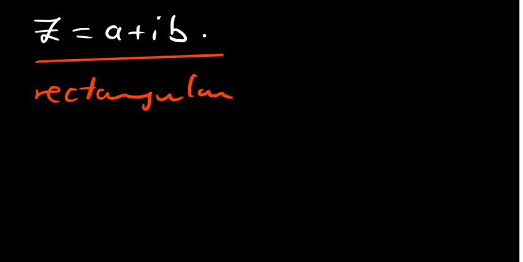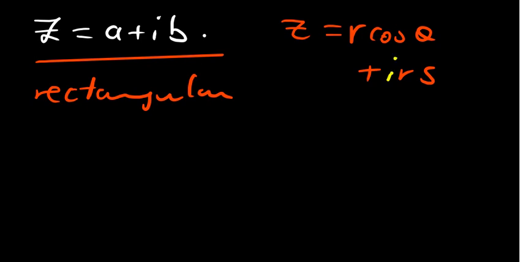How do you express this in the form where z is equal to r cos theta plus i r sine theta? That is the other form of a complex number, called polar form. They can give you a complex number in one form, then ask you to express it in polar form. That's what you have to be conversant with. Are we together?